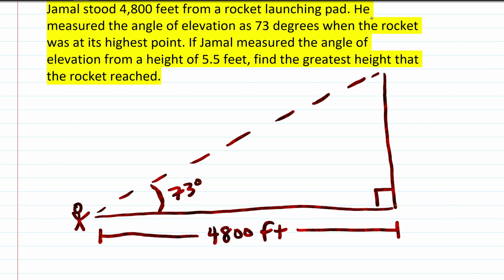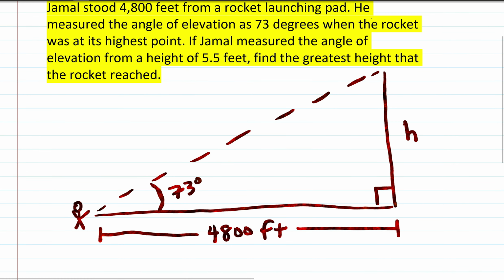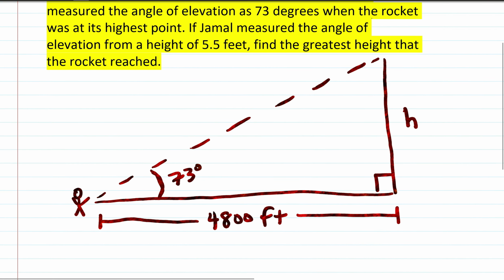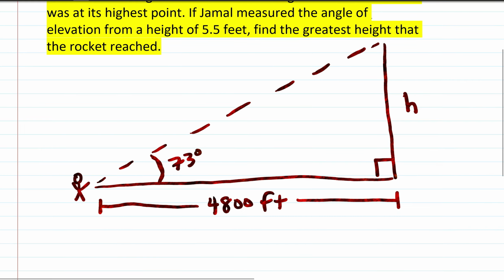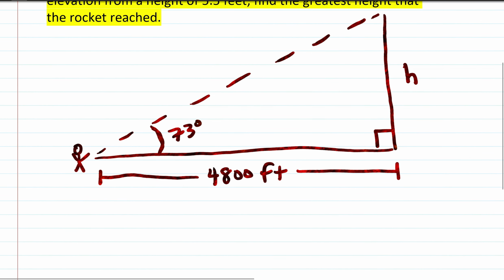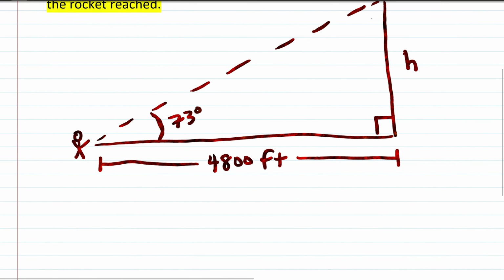The bottom is 4,800 feet. And we need to find this height, which I'll call h, the height that the rocket reached. Jamal's height to his eyes is 5.5 feet.